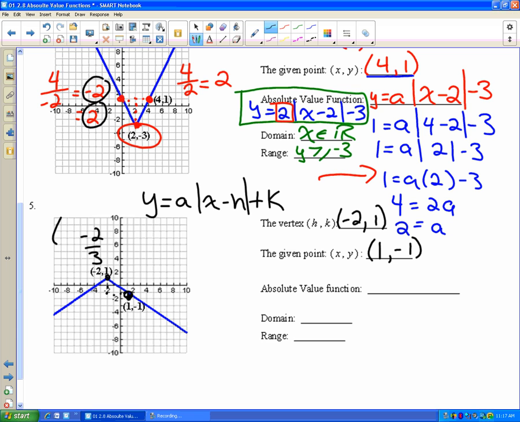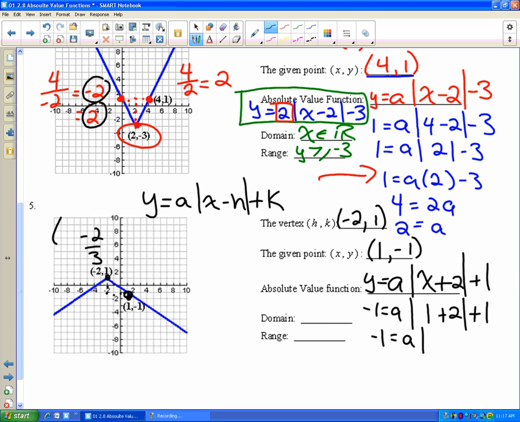So my absolute value equation would be y is equal to a times the absolute value of x minus a negative 2, which is plus 2, plus 1. Plug in the point 1, negative 1. So negative 1 is equal to a times the absolute value of 1 plus 2, plus 1. So negative 1 is equal to a times 3, plus 1.